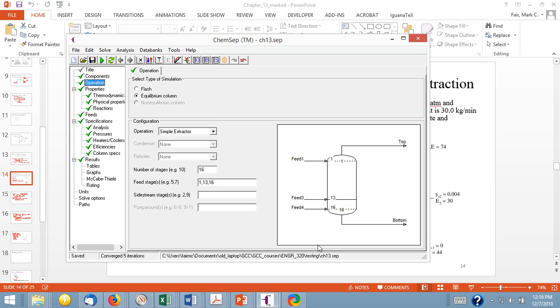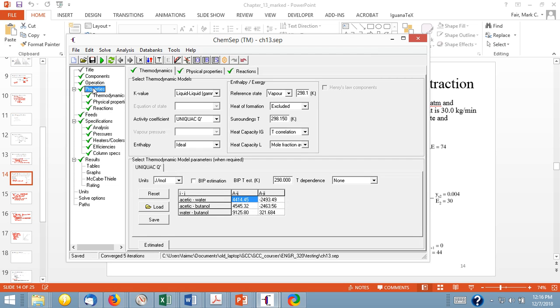We went through an analysis on this and ultimately ended up estimating the number of stages that were required. I think we came up with something over 15, essentially 16 stages before. So we'll put that in, at least to run this example. Then the optimum feed stage was somewhere around 12 from the top. I'm going to put it right around 13-ish in here. That should set up our column. It's represented here as a column, but it's really our extractor. Let's go to properties.